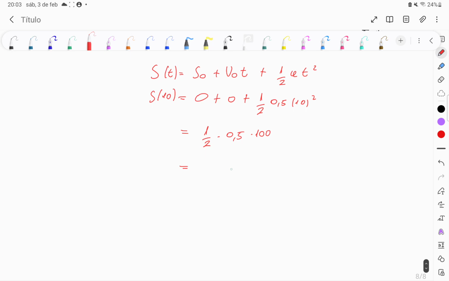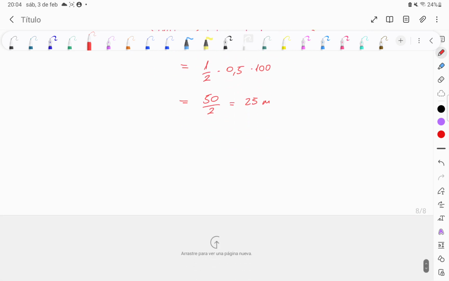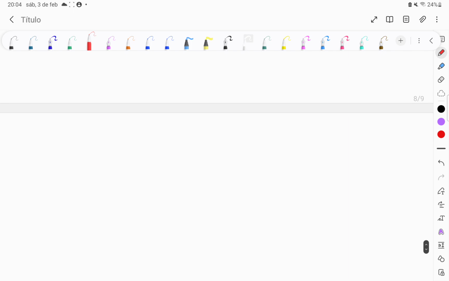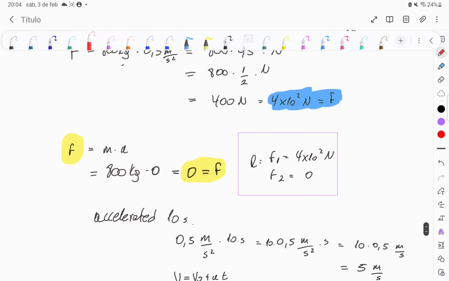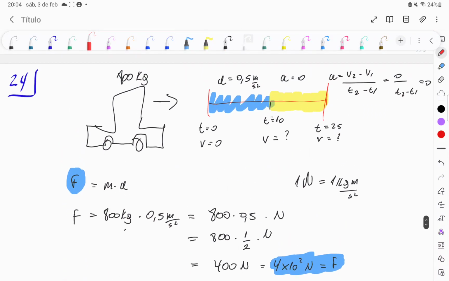If we do this multiplication, it's 50. It's 50 diviso 2, and that is equal to 25 meters. Yeah, that's the first part. So in the first part, it advanced 25 meters. Now let's see the second part. In the second part, we start here.